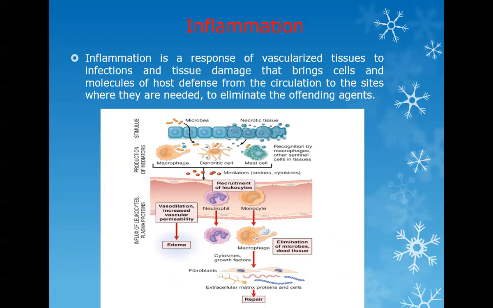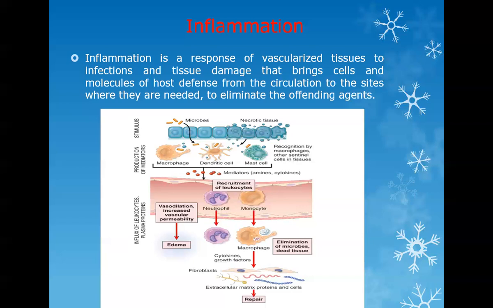Just see this picture. I especially brought one thing for you. This is your skin, for example. The microbes are actually attacking your skin, or you have burned your hand. Either way, the whole cascade starts. We have some cells present beneath your skin, and that is macrophage, dendritic cell, mast cell, which are also known as antigen presenting cells.